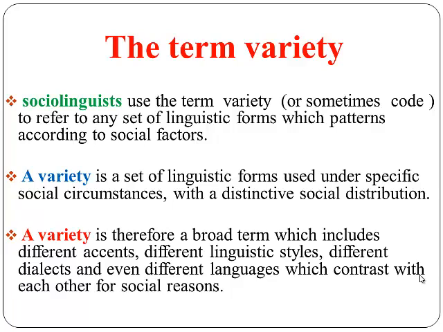A variety is a set of linguistic forms used under specific social circumstances with a distinctive social distribution. A variety is therefore a broad term which includes different accents, different linguistic styles, different dialects, and even different languages which contrast with each other for social reasons.